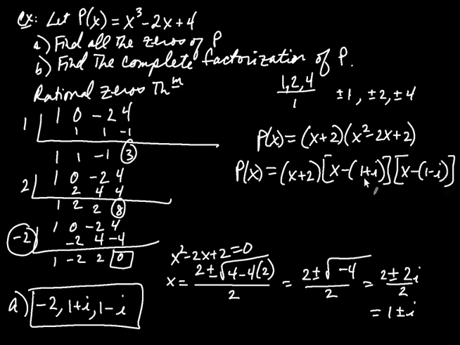And then if you distribute the negative, you end up getting this. P of x is equal to x plus 2 times x minus 1 minus i times x minus 1 plus i. Okay, and that is the complete factorization of this polynomial.